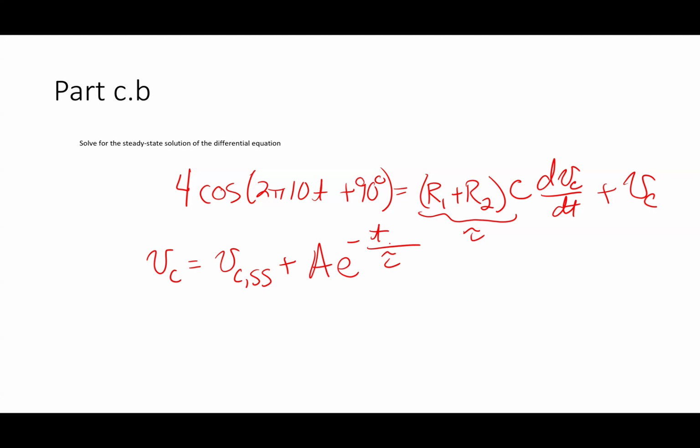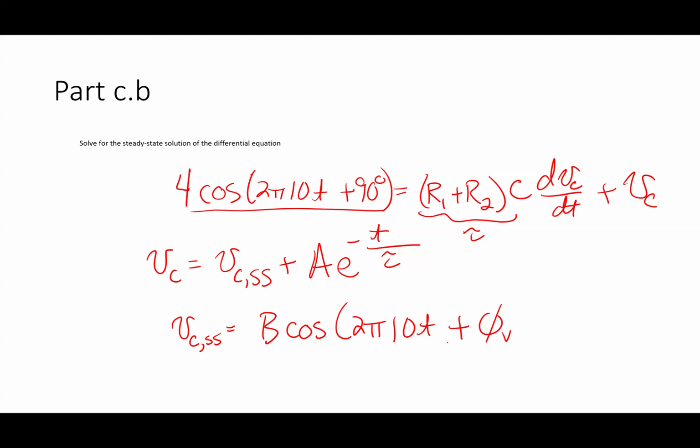What is the steady state solution to this thing? What's its form? Well, if I have a sinusoidal input voltage source, what's my output? My V_C steady state is going to be B cosine 2 pi 10t, so the same frequency, but I don't know its phase, and I ask you to solve for it.